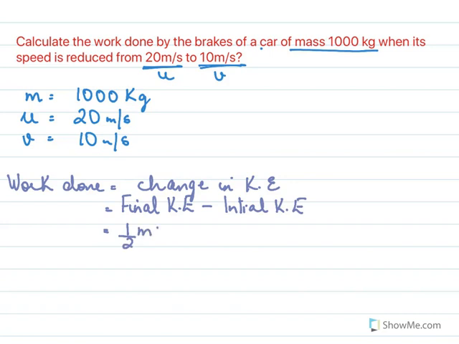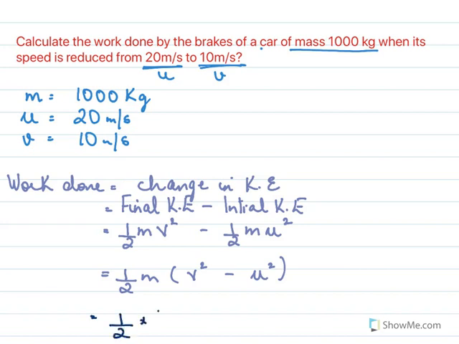Now final will be half m final velocity square minus half m initial velocity square. Now half m I can take common out. What remains inside is v square minus u square. Now let me put the values. Equal to half, the mass is 1000, not 100.